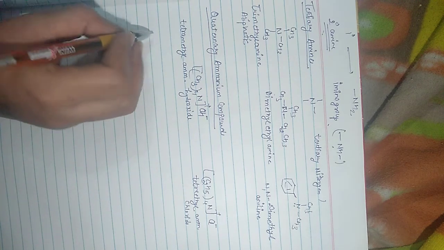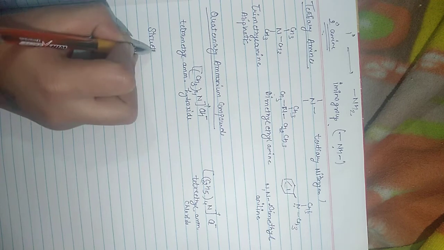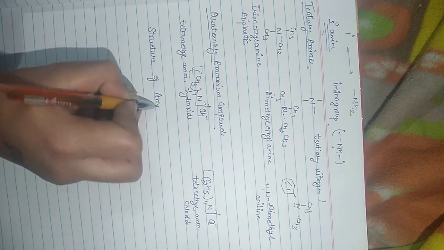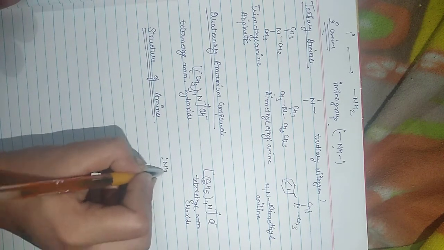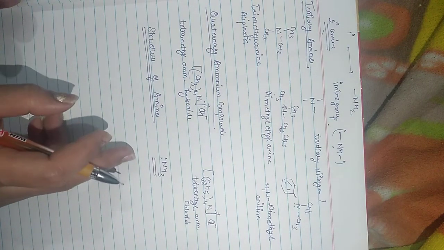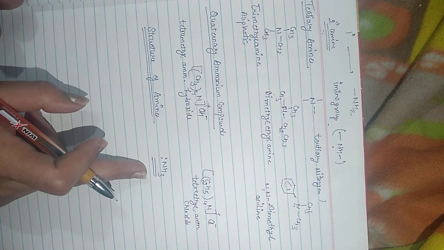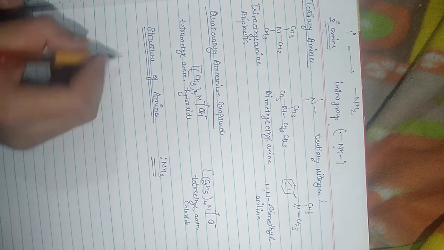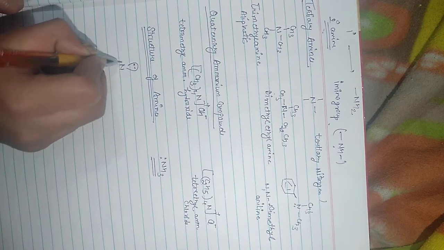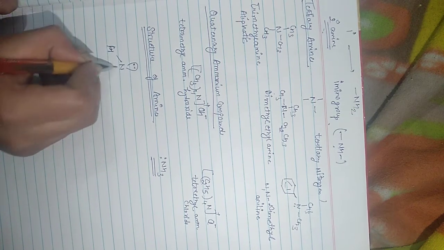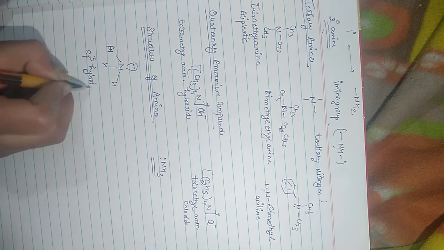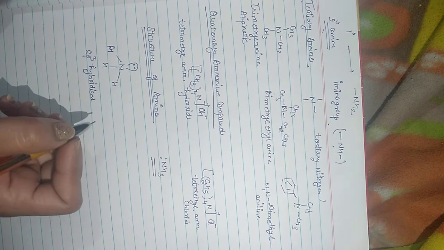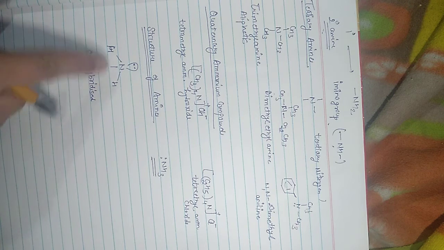Next, structure of amines. Ammonia has the formula NH3. Like ammonia, amines also have a similar structure. You know the structure of ammonia: the nitrogen here is sp3 hybridized, and the sp3 hybridized orbitals are directed towards the corners of a tetrahedron.